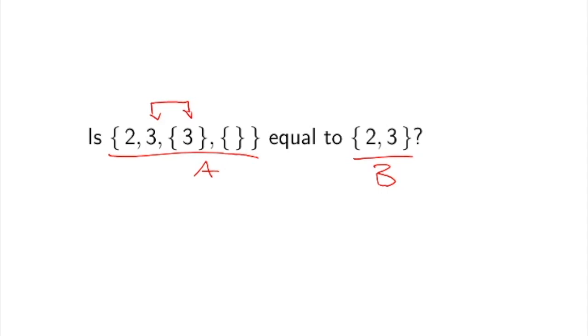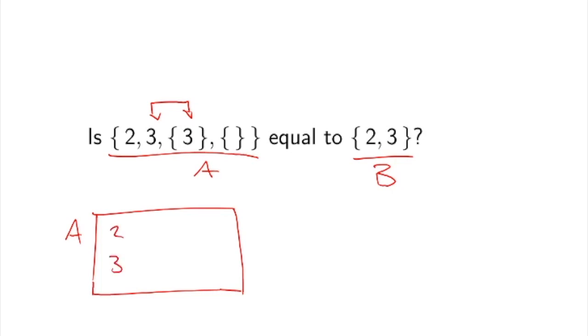Remember back to what I said earlier, that a set can also be a container. So if I draw this out to be set A, and then let's fill this up with elements. So we've got 2 in here, we've got 3 in here, and we've got another set here, and we've got a 3 in here as well.